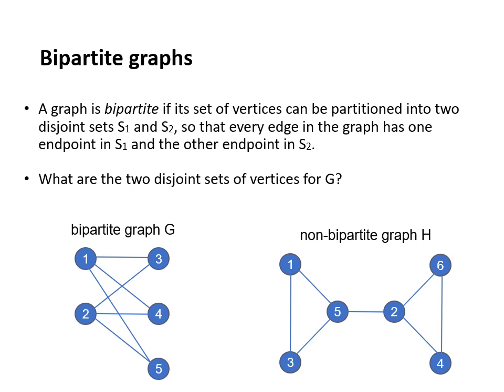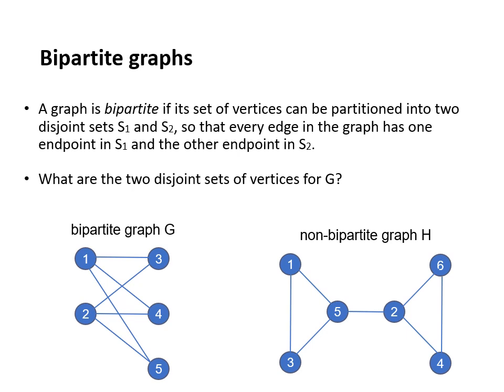So a graph is bipartite if the set of vertices can be partitioned into two disjoint sets S1 and S2, so that every edge in the graph has one endpoint in S1 and the other endpoint in S2. And then we can ask, for example, what are the two disjoint sets of vertices for graph G?